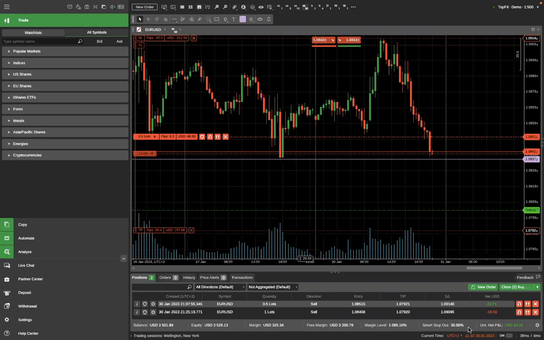You might find much more information on the TopFX website, and generally if you use an internet search engine, you will find plenty of other information regarding the smart stop out. But this was one of the easiest, one of the most practical ways to utilize the potential of the smart stop out in your everyday trading.